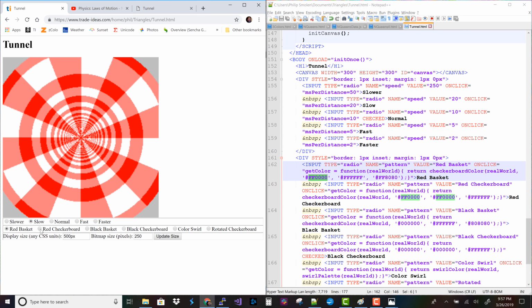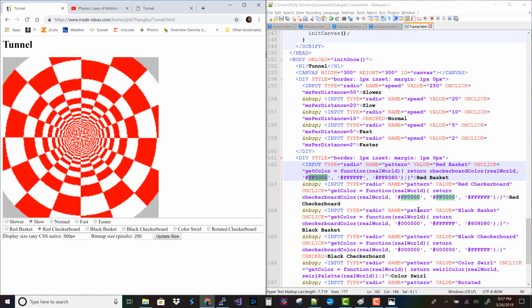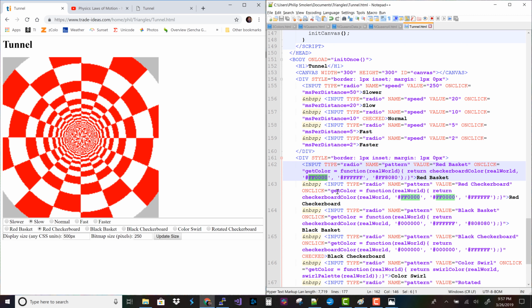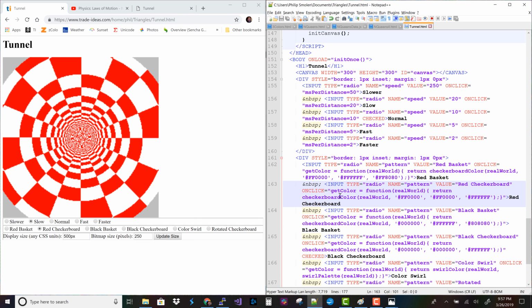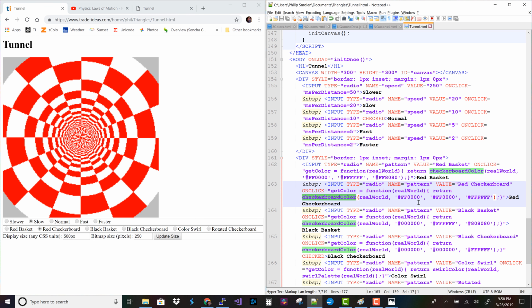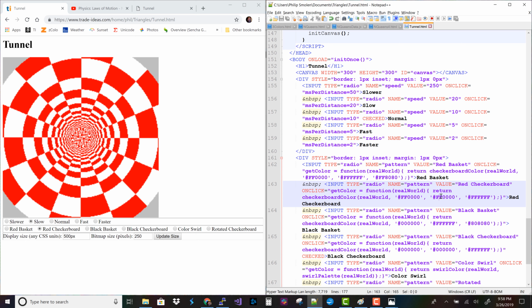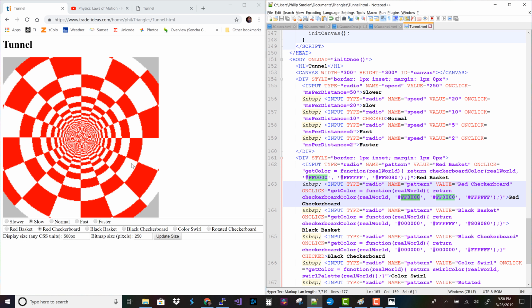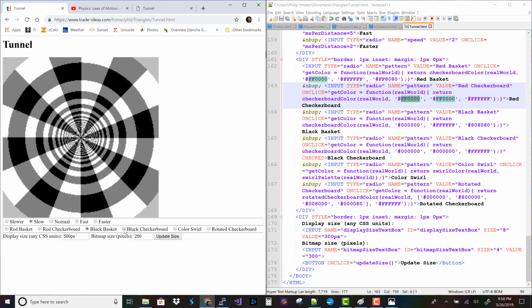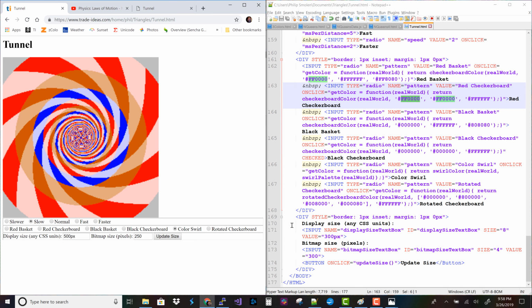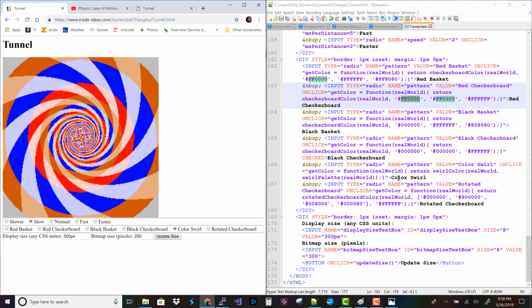And if you hit red checkerboard, it's almost identical. It sets that get color variable to a new function it created. It's still using checkerboard color to do the heavy lifting, but the difference is that two of these are the same. So that and that are both red. Exactly the same thing for black and almost identical for color swirl.